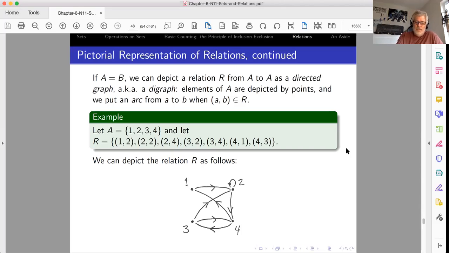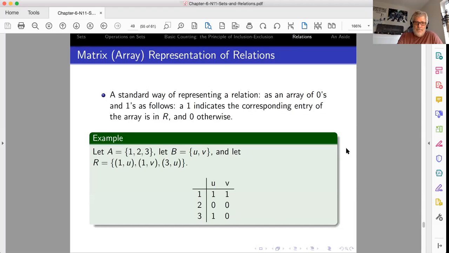Finally, the last way of representing a relation is very useful, because in machines that's usually how we represent relations: as a matrix or an array of bits, zeros and ones. We talked about something very similar a couple of weeks ago.